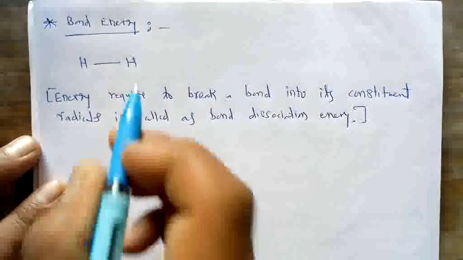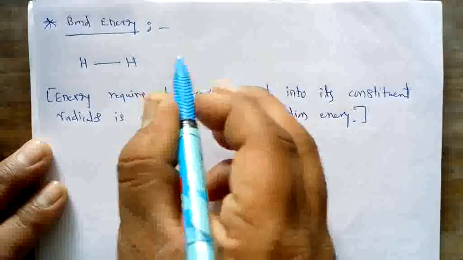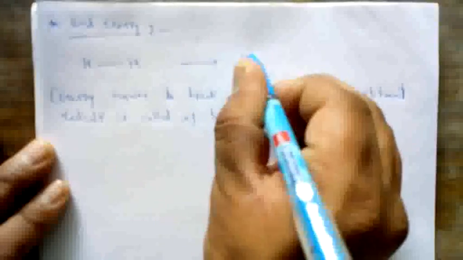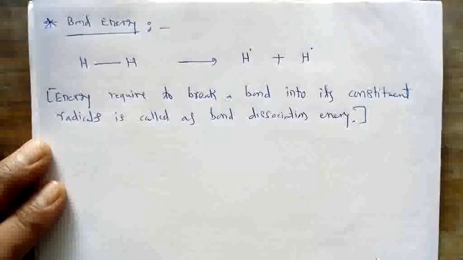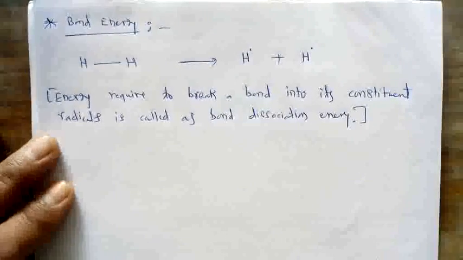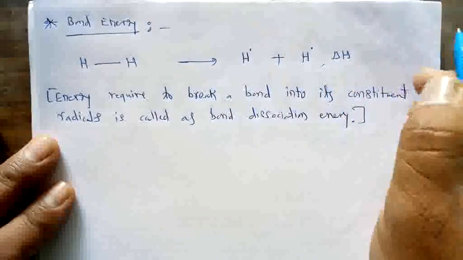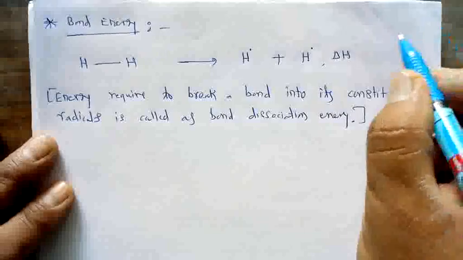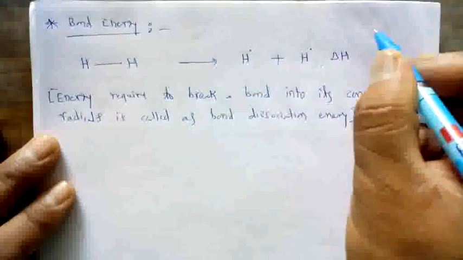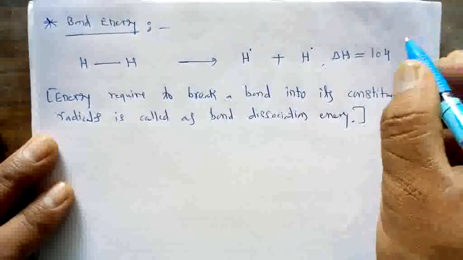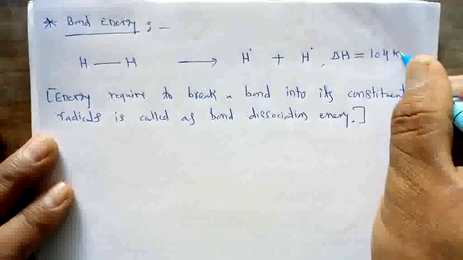Whenever we consider a particular bond between two atoms, and we break this bond into its constituent radicals, an H radical and a second H radical, what is the amount of energy required? That energy is called the bond dissociation energy. It is expressed in units of delta H. For this hydrogen molecule, the bond dissociation energy is equal to 104 kilocalorie per mole.